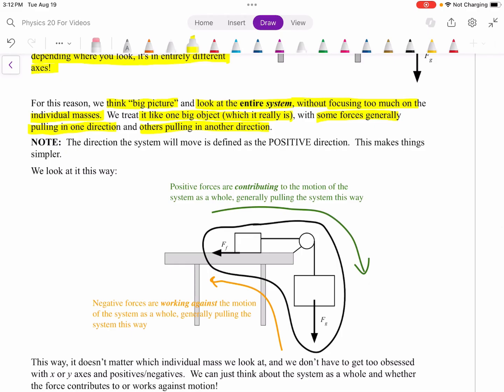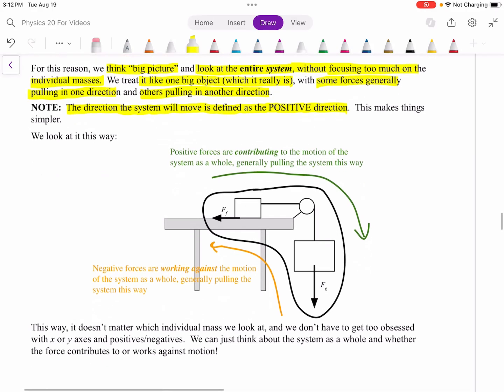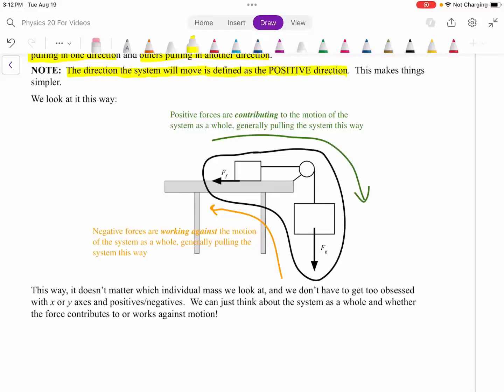So what we do is we say, since we're treating it like one big object where multiple things are going on in multiple axes, we just say that overall, whichever direction the system will move is the positive direction. So in other words, forces that are trying to make the system move will make them positive. Forces that are trying to stop that motion or resist it are negative. And that just simplifies things way down and still works perfectly well.